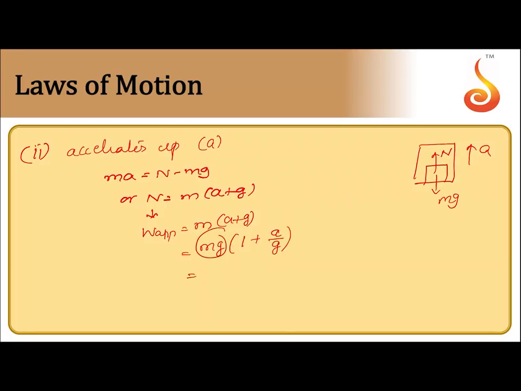But you know, mg is its true weight, so I can write true weight or actual weight into (1 plus a divided by g) is its apparent weight. Do you notice that the apparent weight in this case is greater than the true weight or actual weight? Yes. So if the lift is accelerating up, then the true weight and apparent weight are not equal to each other. Apparent weight is more than true weight.